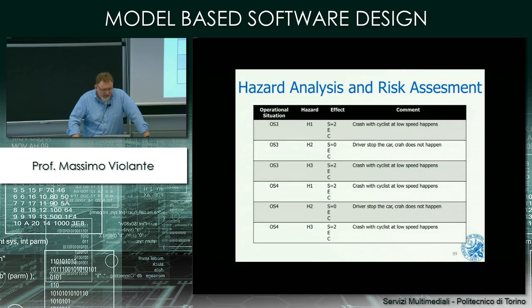We can say S2 for H1 and H3, while for H2 the same consideration as before applies. We stop the car because we think that the obstacle is much closer than it actually is. Okay? Is this clear? Any doubt?